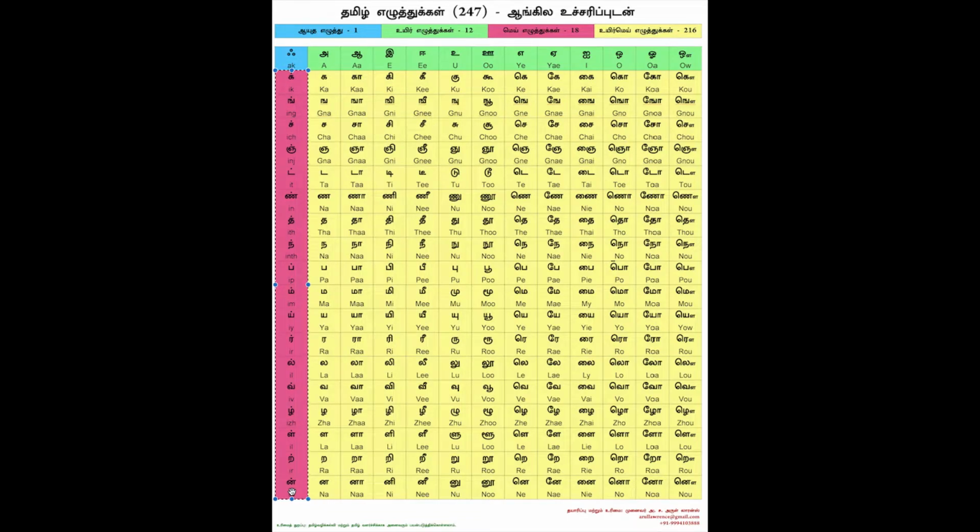We have this with the letter N, with the letter L, and also with the letter R. We have two versions of the letter R. So don't worry, don't focus on that for now, okay?